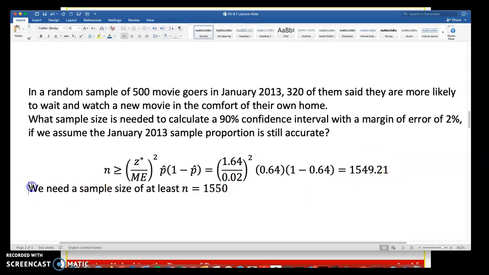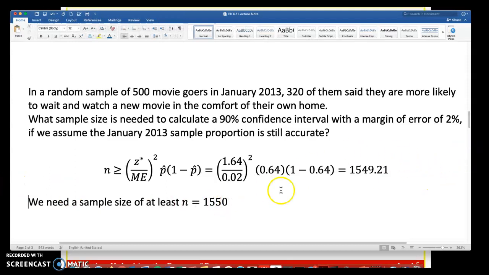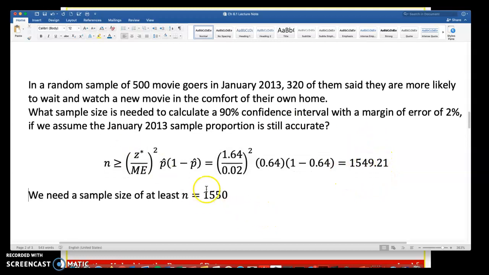So we need the sample size to be at least 1550. Don't forget, when we find the sample size, we're not doing regular rounding. If we round this regularly to the nearest whole number, it would be 1549. We always need to go to the next whole number larger than this to get 1550.